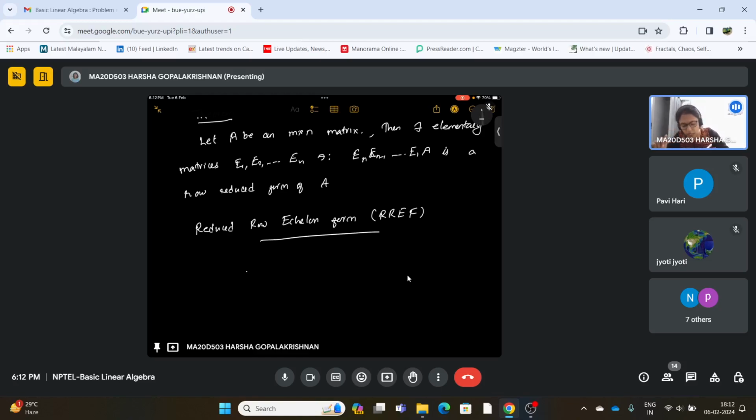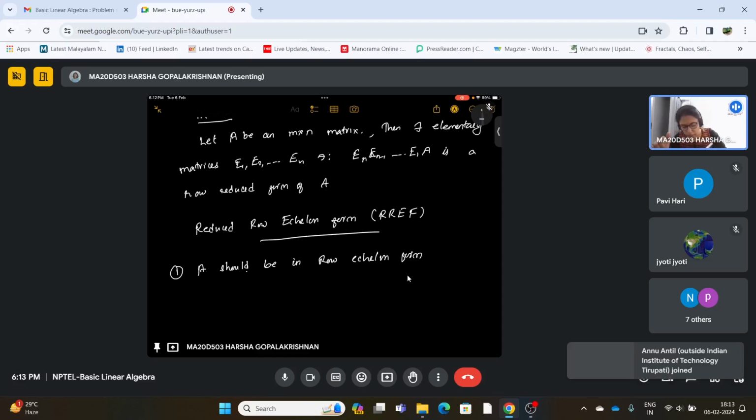First of all, for the reduced row echelon form, A should be in row echelon form. I hope you remember what row echelon form is. In the row echelon form we have already seen a pivot. Pivot means the first non-zero entry in each row. For reduced row echelon form, the pivot should be equal to 1.